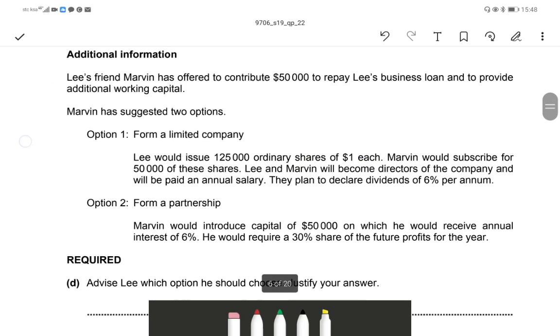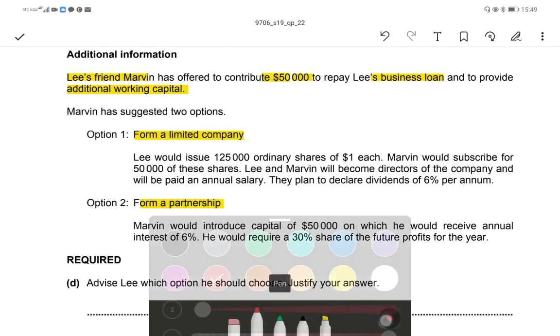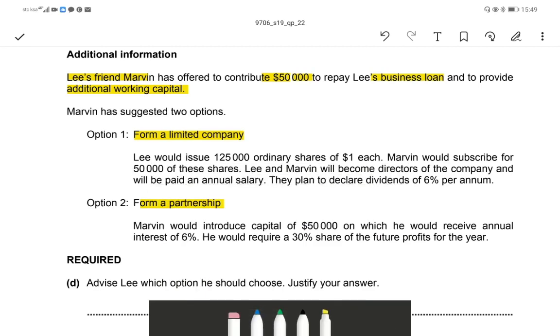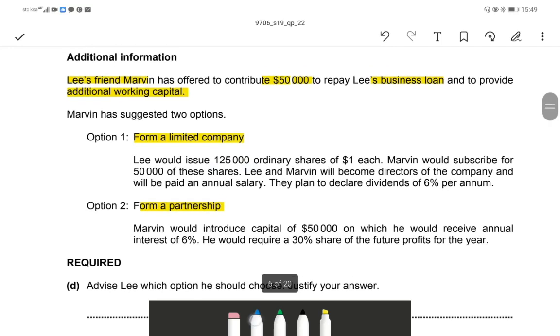Next, additional information. Lee's friend Marvin has offered to contribute 50,000 to repay Lee's business loan and to provide additional working capital. Marvin has suggested two options: form a limited company, or form a partnership. If a limited company, Lee would issue 125,000 shares at 1 each.